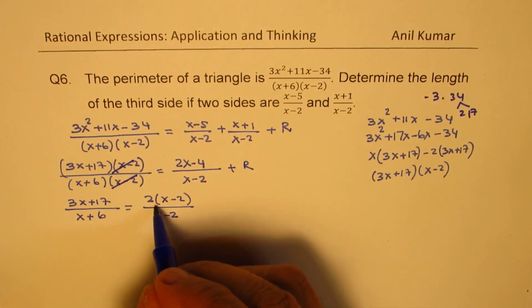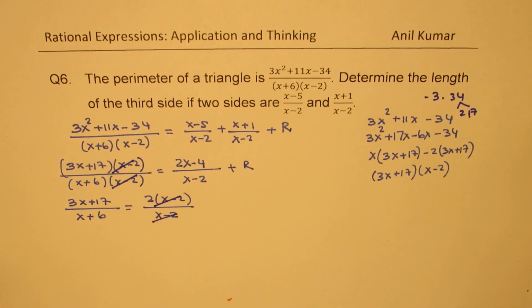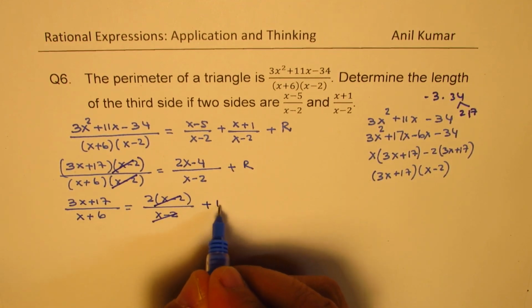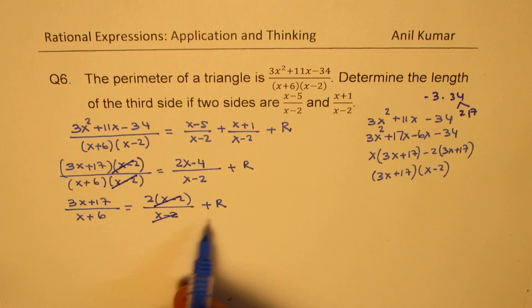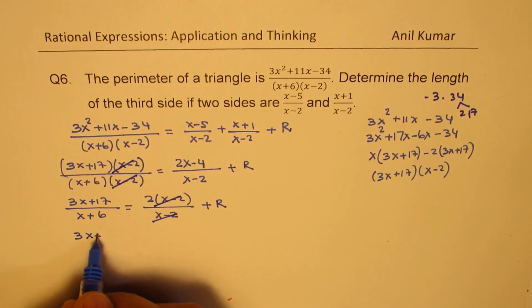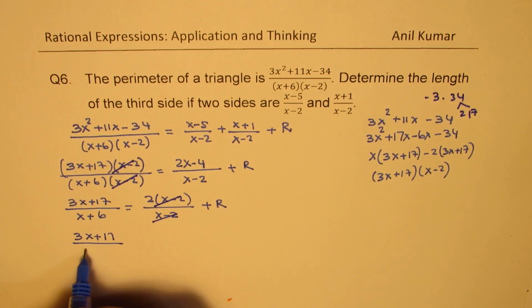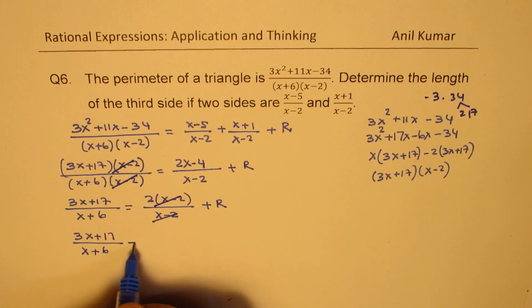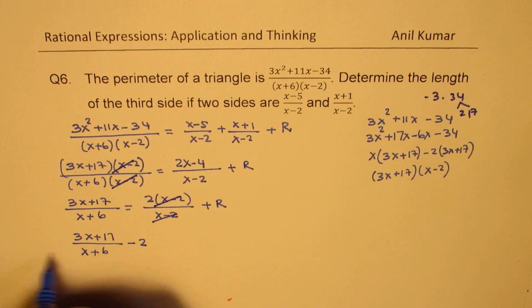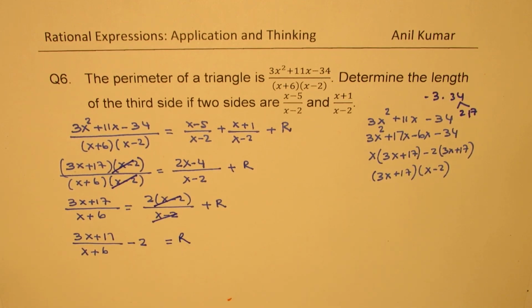So this x minus 2 and x minus 2 also cancel, plus r. So now we are left with 2 here. So we have (3x plus 17) over (x plus 6) equals 2 plus r, so r is (3x plus 17) over (x plus 6) minus 2, correct?